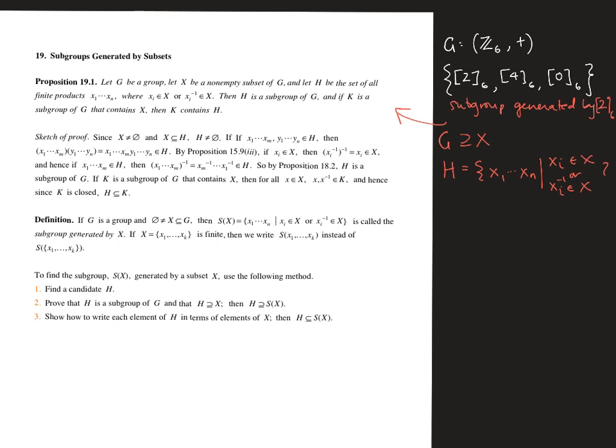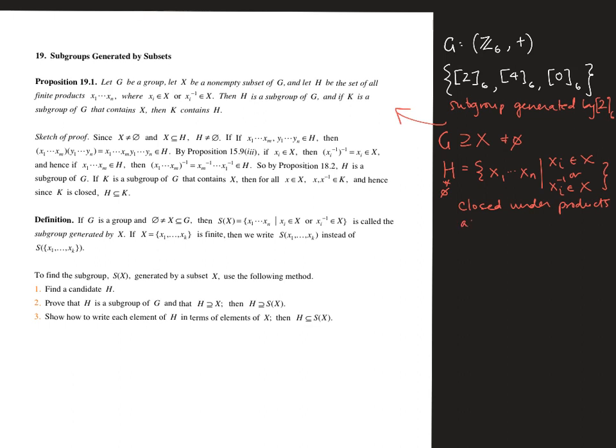So what we're doing is we're saying that it's closed under products. That's because we're saying X is non-empty, so I should add that X is non-empty. So H is also not equal to the empty set. It's closed under products.